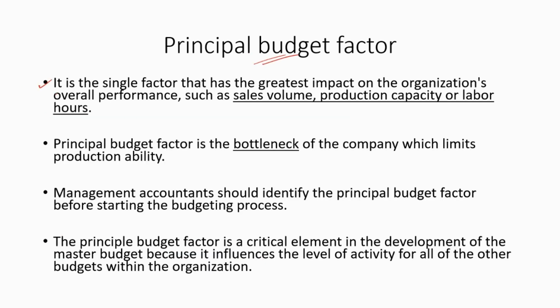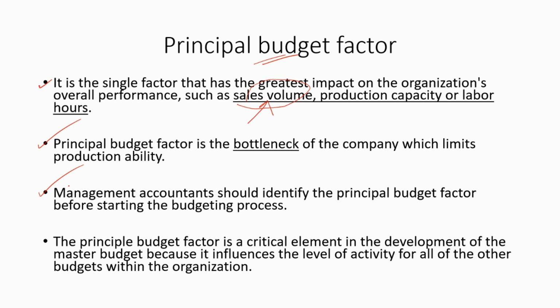It is the single factor that has the greatest impact on the organization's overall performance, such as sales volume, production capacity, or labor hours. These are the most common principal budget factors for an organization. But most commonly, we use the sales volume as the principal budget factor. Principal budget factor is the bottleneck of the company which limits production ability.